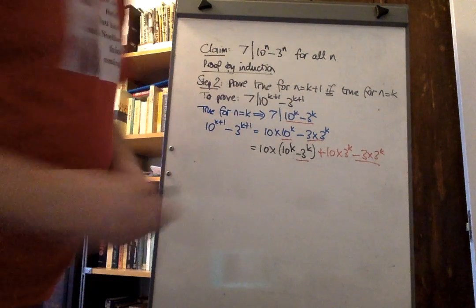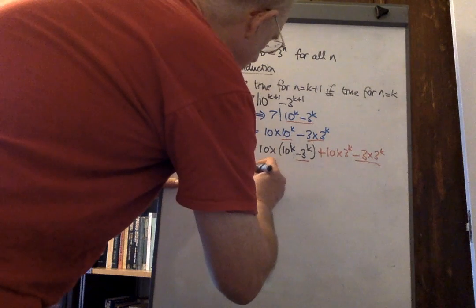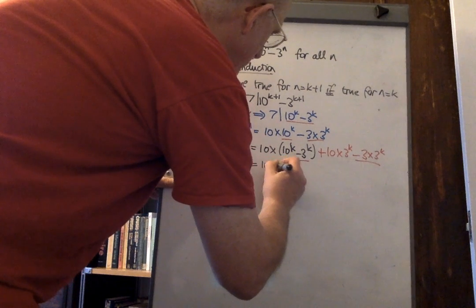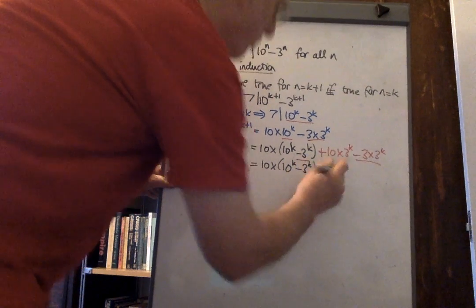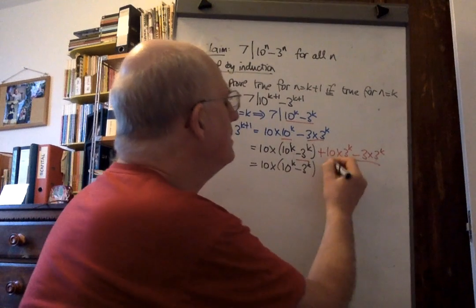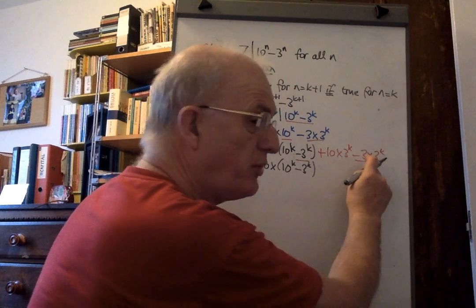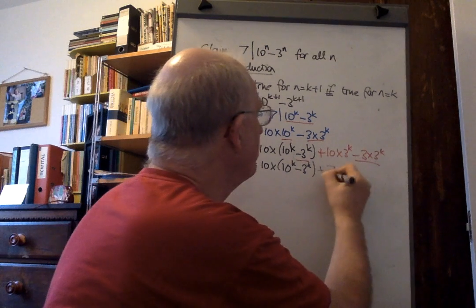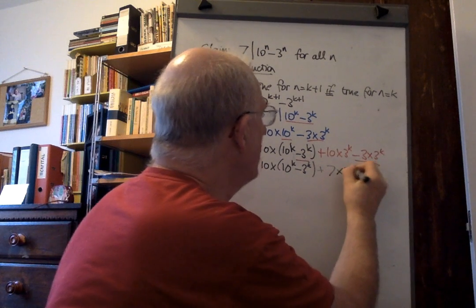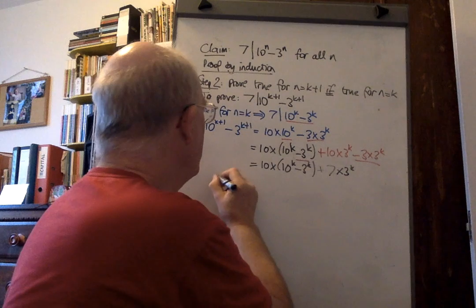Okay, that looks a bit better, because what we can do now is take away the 3 to the k from the 10 3 to the k, so we get 7 times 3 to the k.